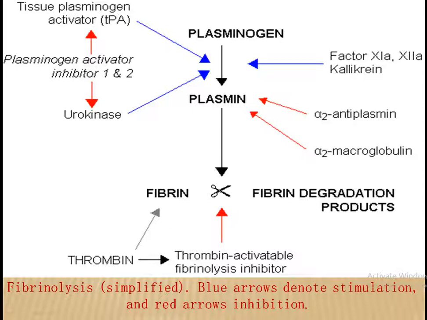This is a very nice figure to show the action of plasminogen, which is the inactive form, and it is converted into plasmin. To understand this figure completely, you must know that blue arrows show stimulation, while the red arrows are meant for the inhibitory effect.